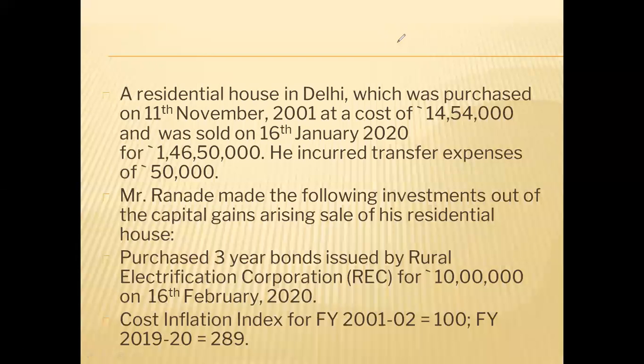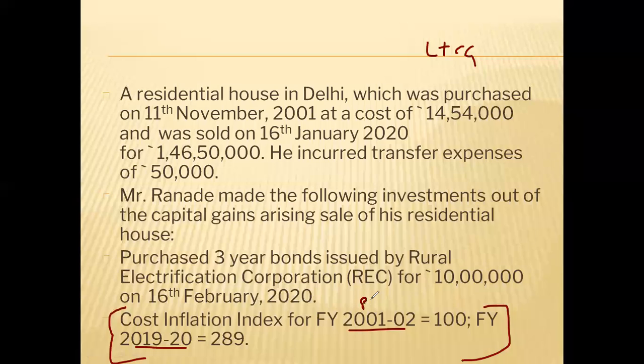Now, since this is a long-term capital gain, we will get the indexation benefit. For indexation benefit, what is required? Cost inflation index, as we have seen in the last illustration also. The cost inflation index will be required for two years, the year of purchase and the year of sale. Both are given.